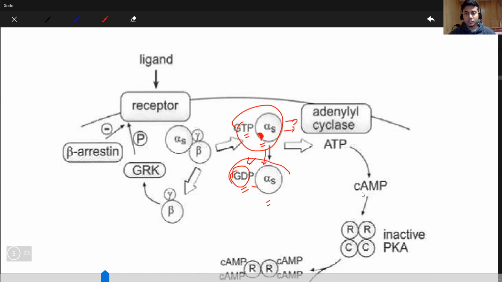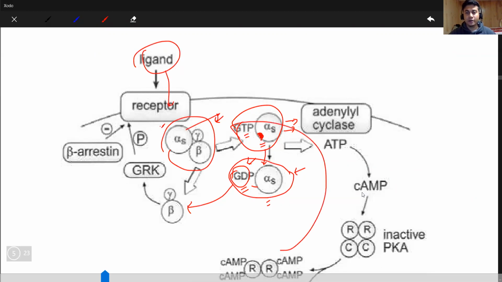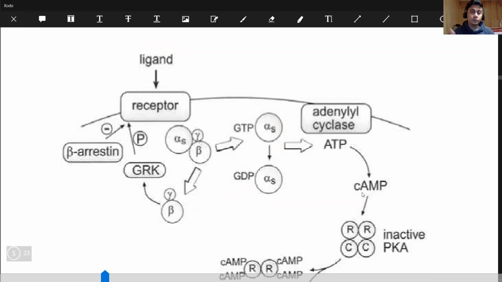And whenever this GDP bound alpha is available, that again binds to this beta and gamma subunit. And again, they go and sit here in the vicinity of this receptor. Then again, when the ligand comes, with another signal, alpha again detaches and then runs all of this action. That's how your Gs coupled receptor works.